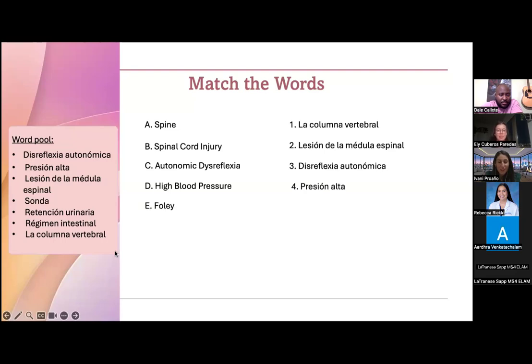And we have a Foley. Sonda. And we have bowel regimen. Régimen intestinal. And the last one is urinary retention.